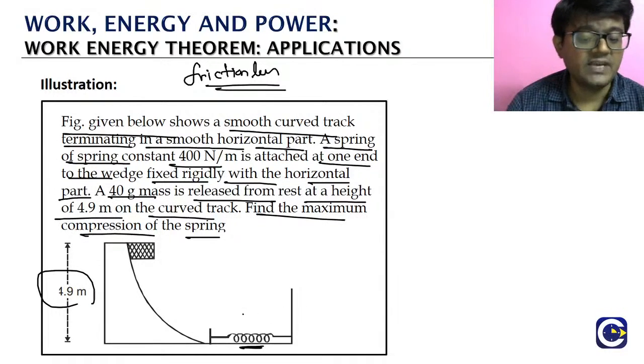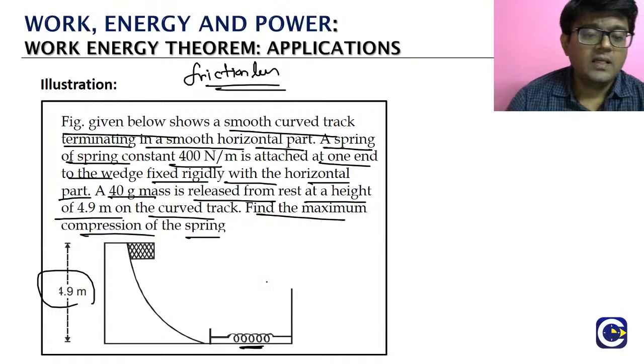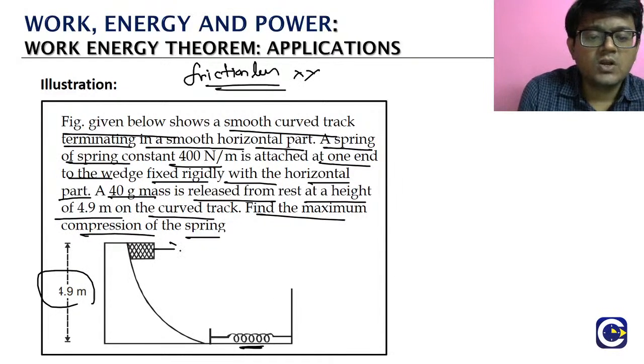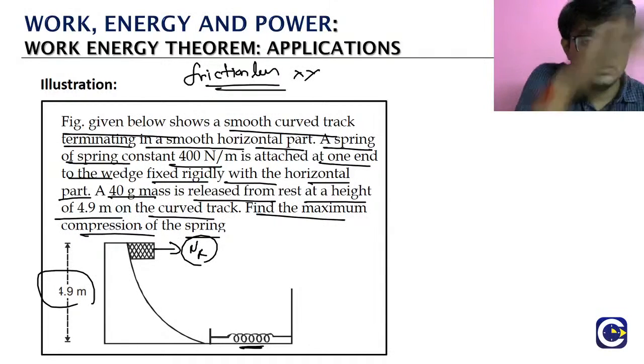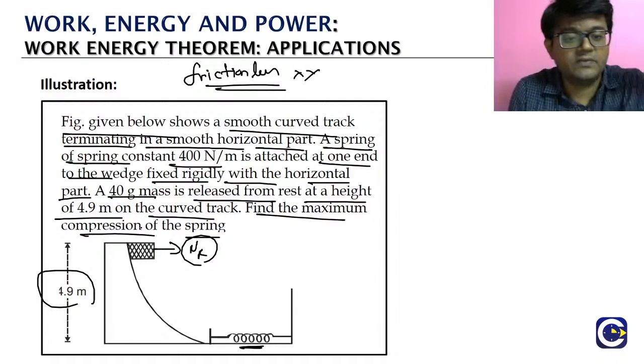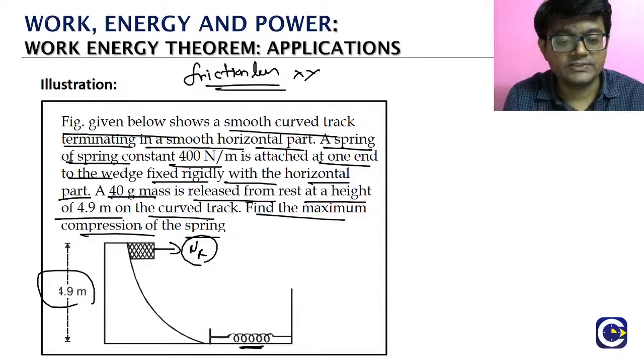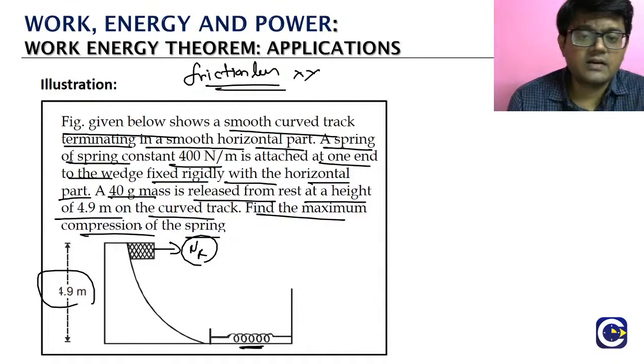Here, look at this: there is no friction. The normal reaction acting on that object will always be perpendicular to the displacement. Whenever an object is moving along the contact surface, it can be a horizontal surface, or vertical, or a curved surface also.